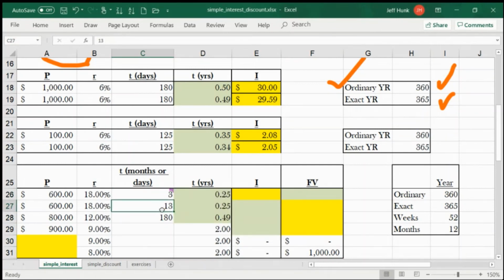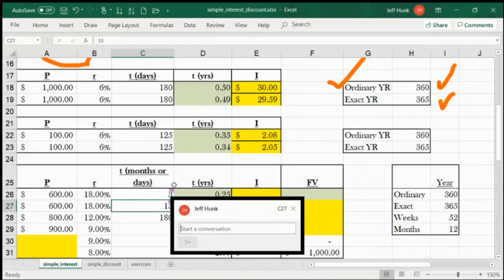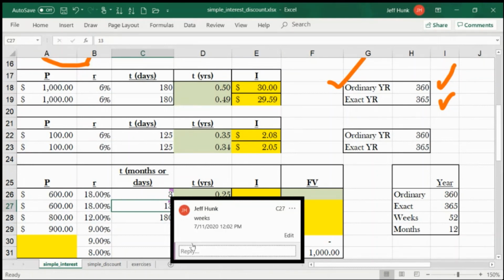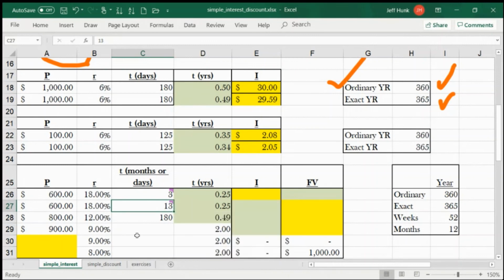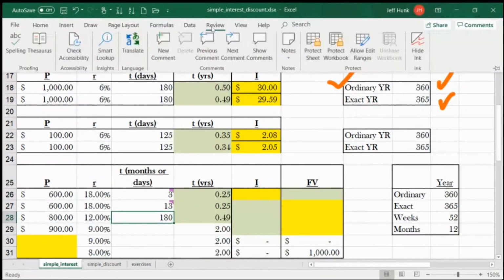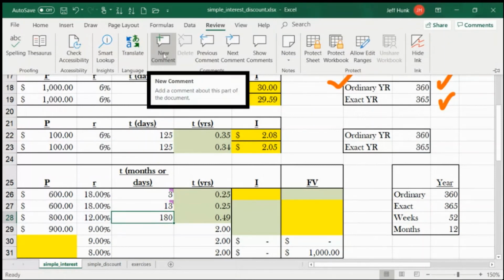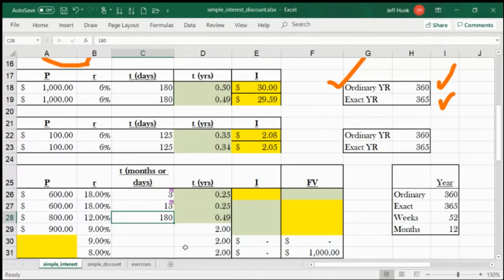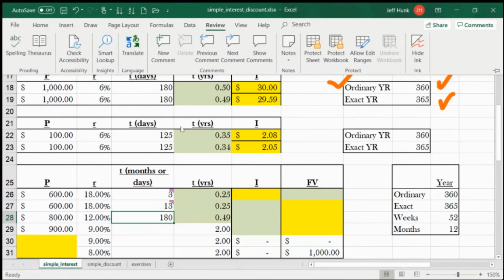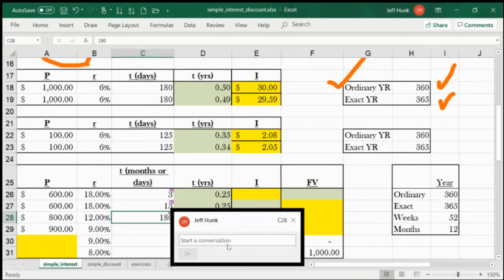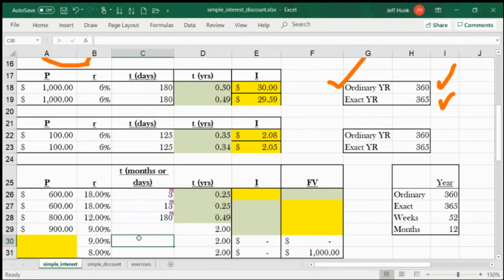And then the comment box. I can do the same here, right?